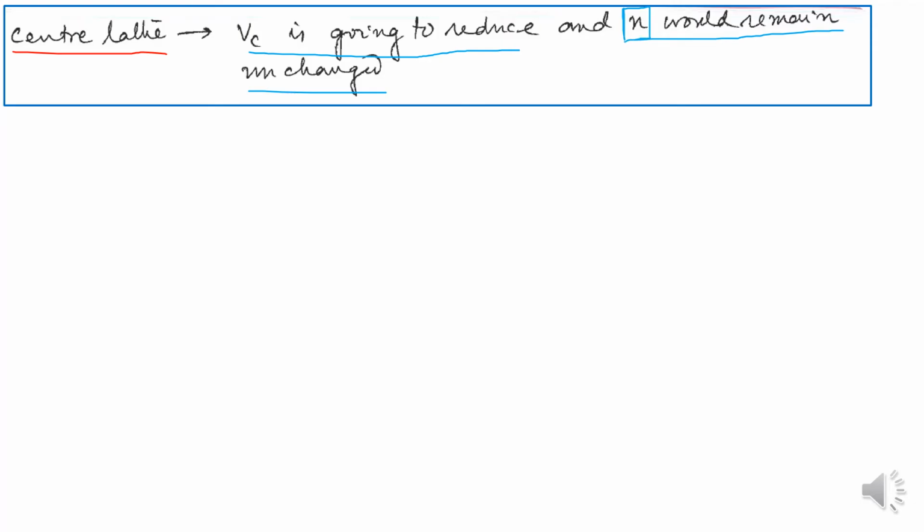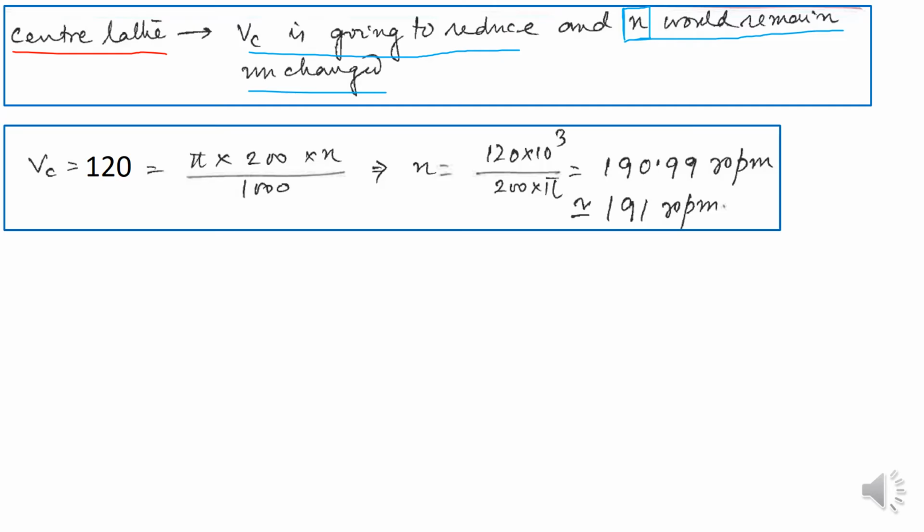So, this is one characteristic that we have to understand. In our problem, it was given that speed is 2 meter per second, which is nothing but 120 meter per minute, and from that the rotational speed, which will remain unchanged, has been calculated as almost 191 rpm.